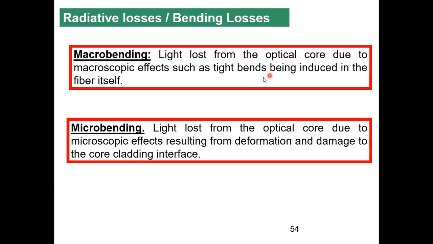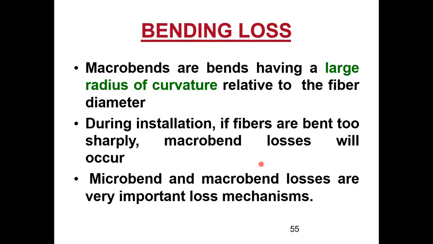So this is when I'm laying down the fiber, and this is the deformation that happens when I'm trying to protect the fiber. Some structural deformation will happen at the core-cladding interface, and even a little bit of anything there makes the light escape. So the light will escape through radiation, and finally I have loss of signal.